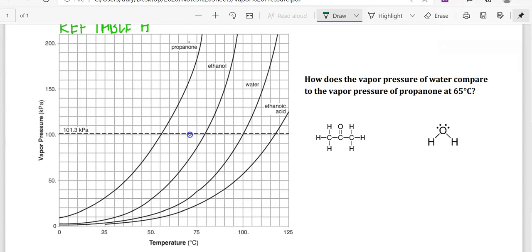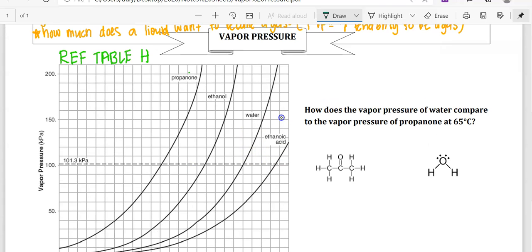This should really click and make a lot of sense in your mind. If I heat something up, it is more likely to change to the gaseous phase. So, something to make note of here: vapor pressure increases with an increase in temperature.